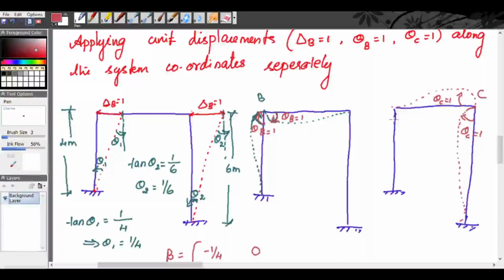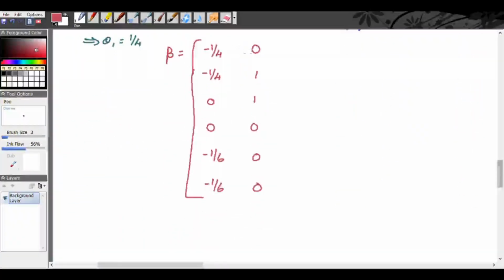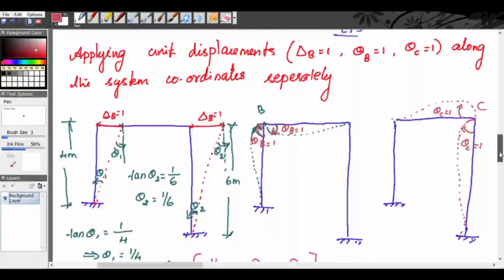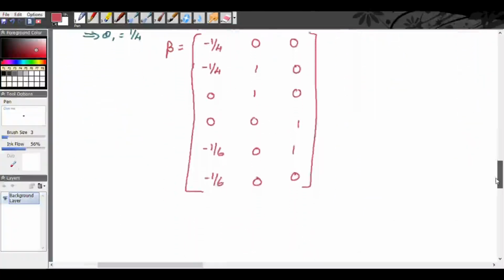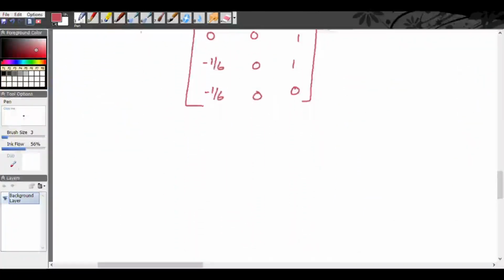So 0, 0, 0, 1, 1, 0. So now we have obtained our beta matrix in step 5. So this was our step 5. Now we will move on to step 6.